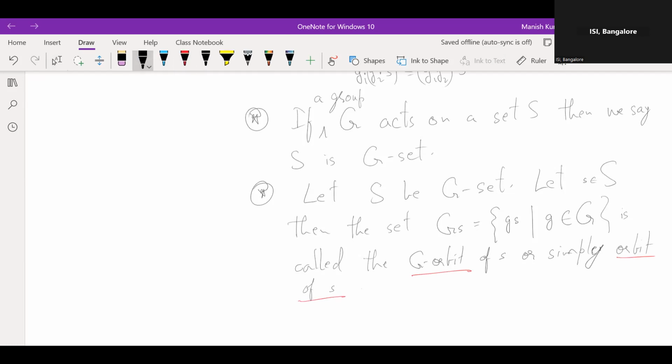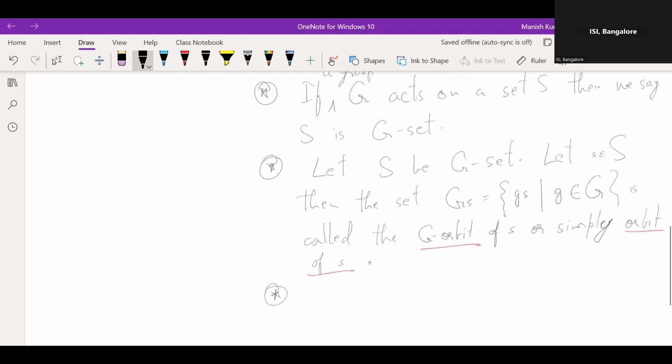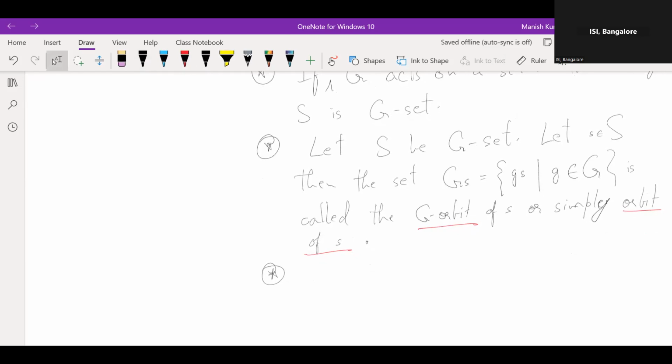And something called the stabilizer. Okay.